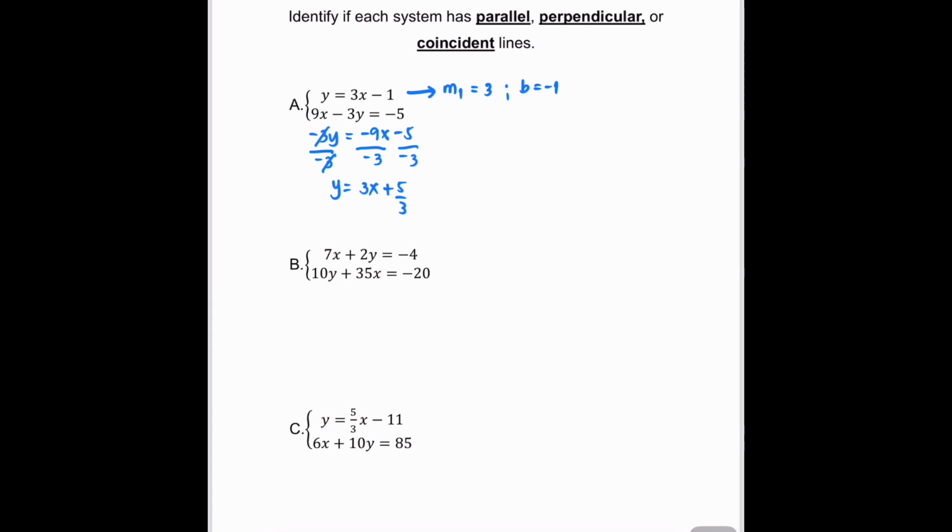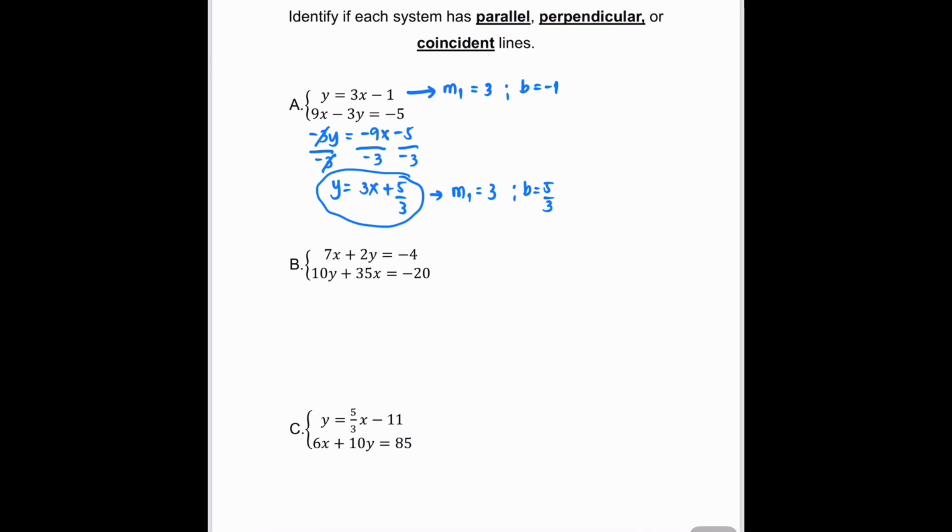This is now the slope-intercept form of the second equation, and from here we can see that the slope is 3, and the y-coordinate of the y-intercept, or the b value, is 5 over 3.